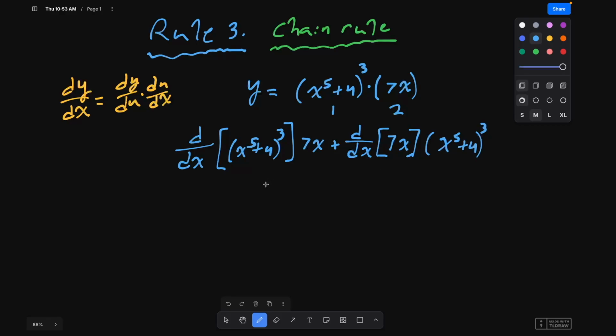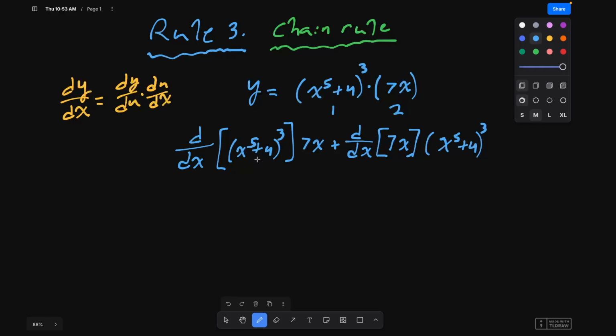So we set up our product rule, and like always with the product rule, once we set it up, we just take the ddx's. So when we go to take the derivative of this first part here, we can see that we have a chain rule. To take the derivative of this piece, remember we ignore the middle.